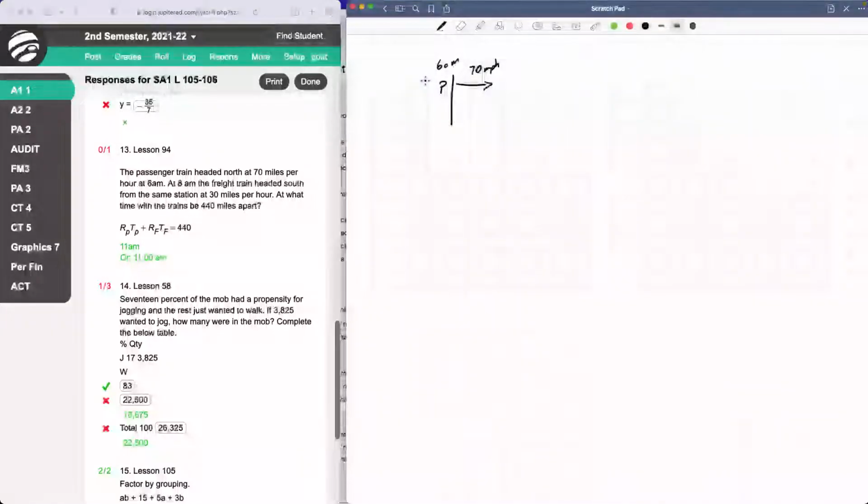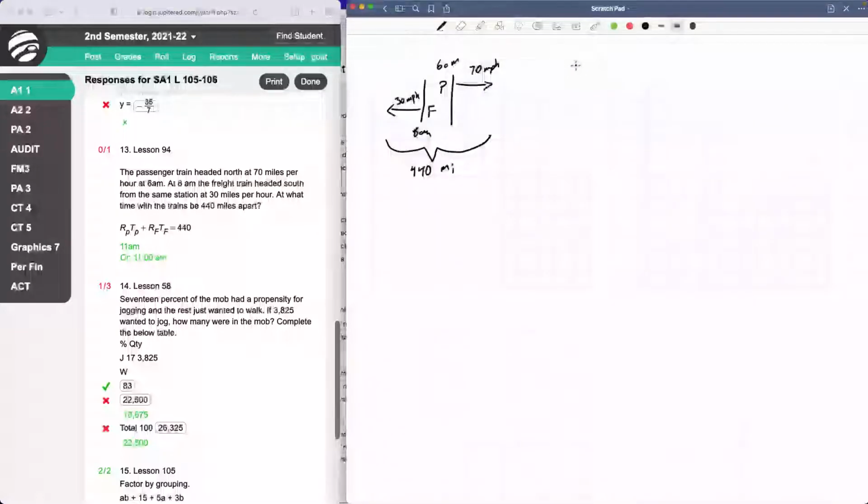So at 8, we have the freight. He's heading south, the opposite direction from the passenger train. At what time will they be 440 miles apart? So that's kind of your little illustration there. And I've given you the formula here.